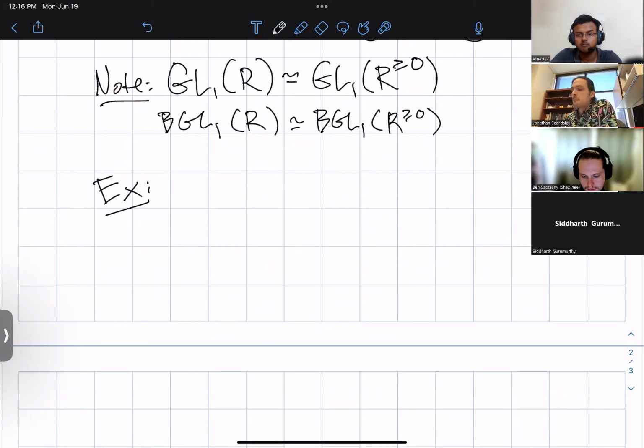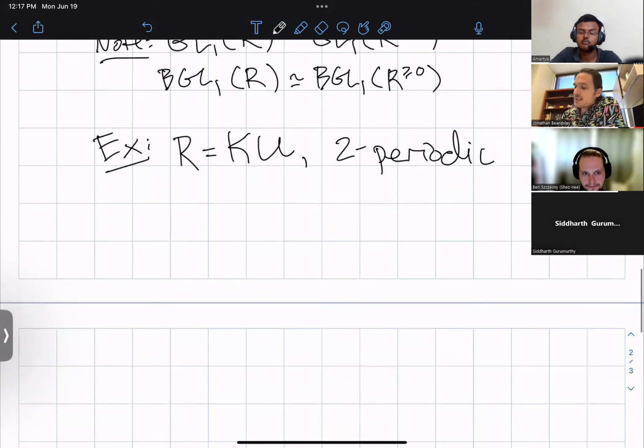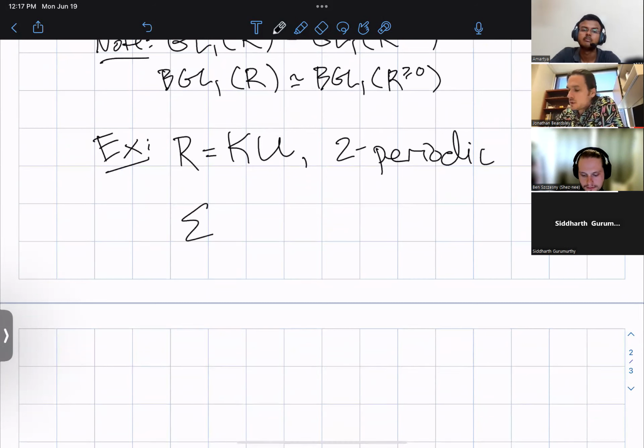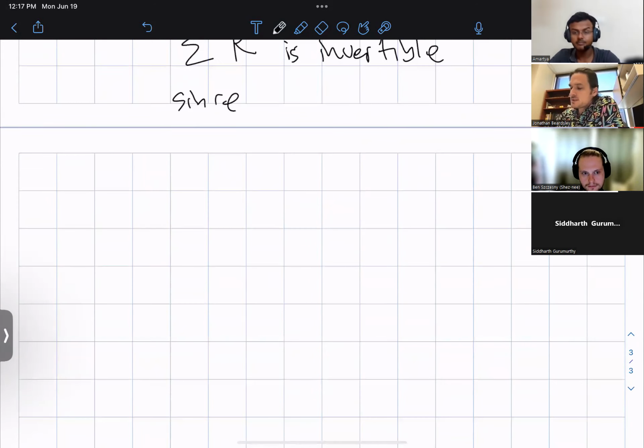So here's an example. Let's let R be complex K theory, so periodic, non-connective. It's in general true that sigma^I of R is invertible. Why is this true?